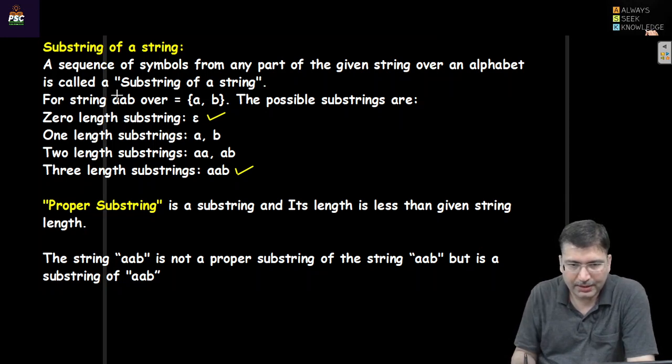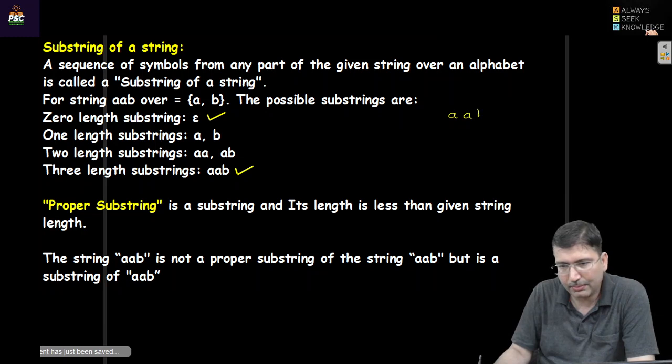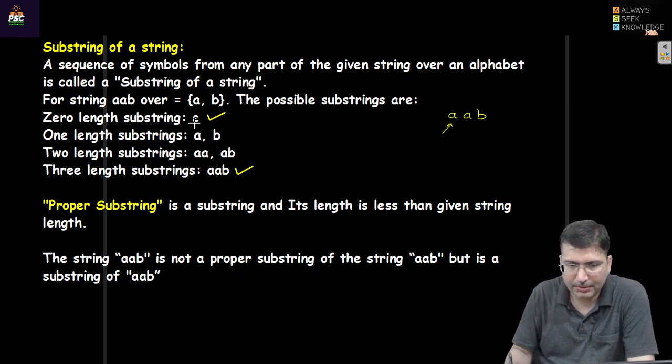But if I am taking, let's say, AAB, in the case of the AAB string, the substrings we can define like so. If the string is AAB, initially the zero length empty string, or epsilon, is one of the substrings. Then you can take one length, so A can be a substring.